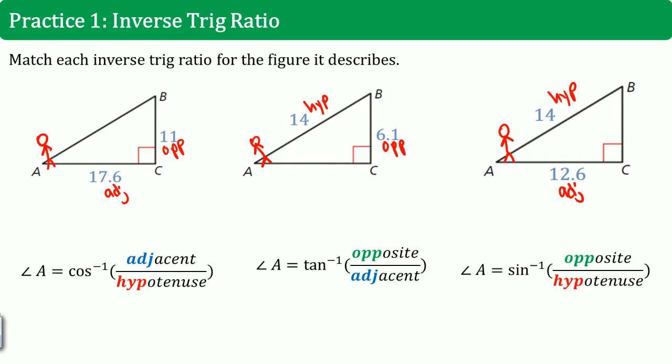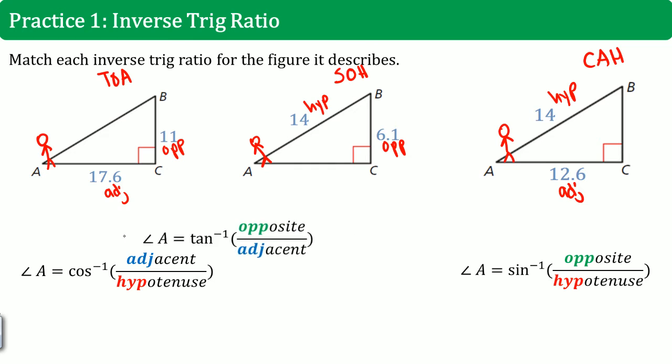So now you can match it up. Which one has adjacent and opposite? That is going to be your TOA. Which one is going to be opposite and hypotenuse? That is going to be your SOH. Adjacent and hypotenuse is going to be your CAH. Right? So let's see if that works. That is correct.